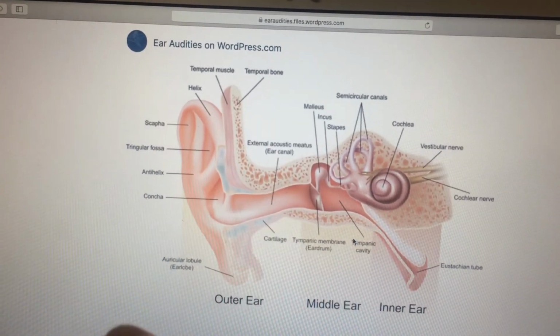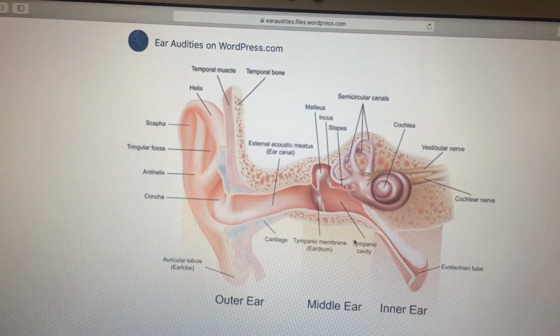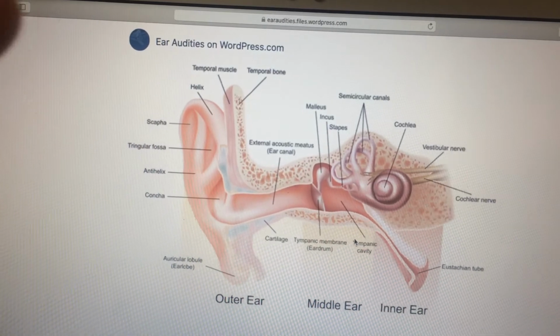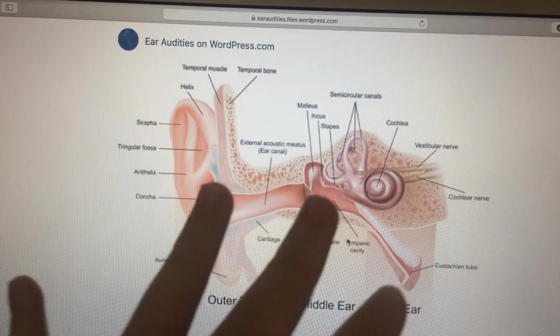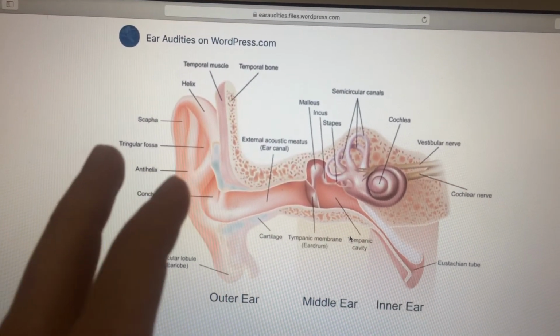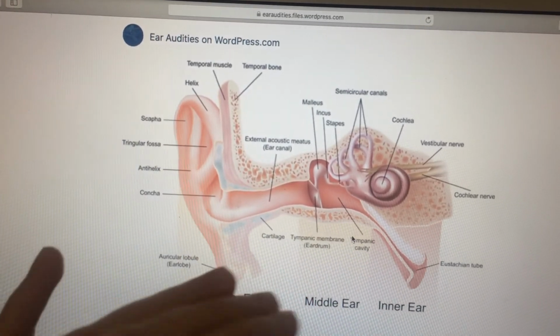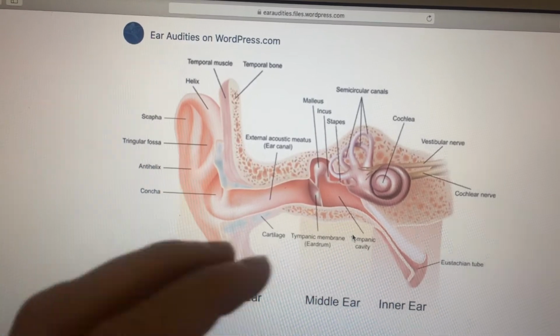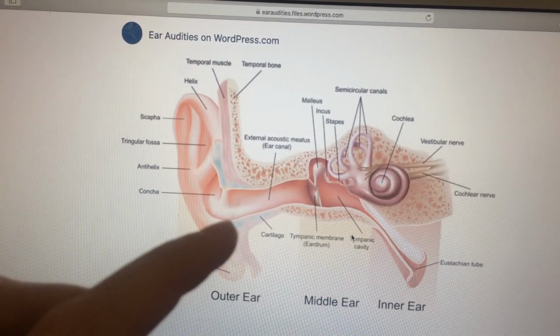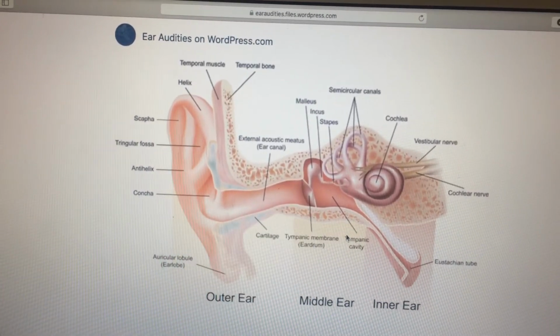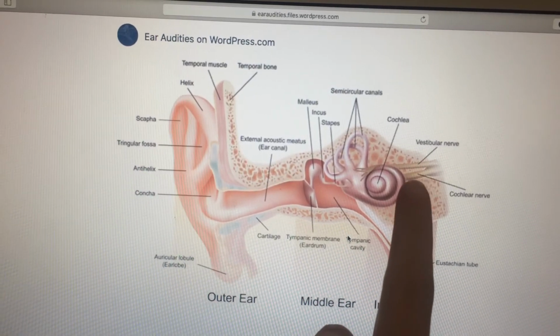And the cochlea, which is this really smart organ, can kind of sense and tell how much these hair cells are moving, are bending. And it's this bending of the hair cells that they register, and they send that information up to the brain using this cochlear nerve.